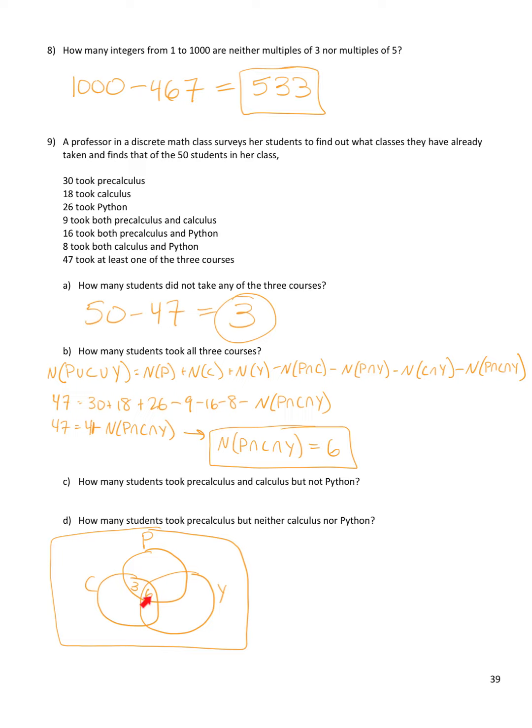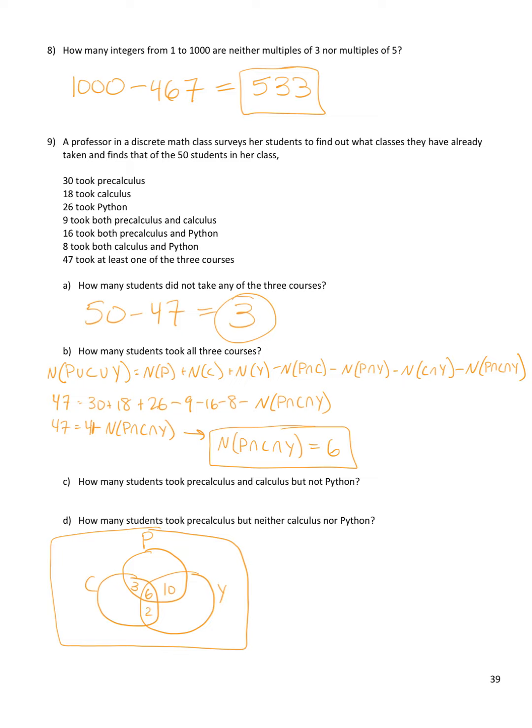And I already have 6. So I need to put 10 in this last region. And then my calculus and Python intersection is supposed to have 8 students. I already accounted for 6 of them, so I'm going to put 2 more in the last region here.